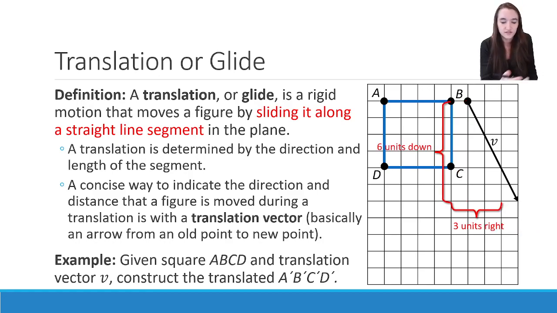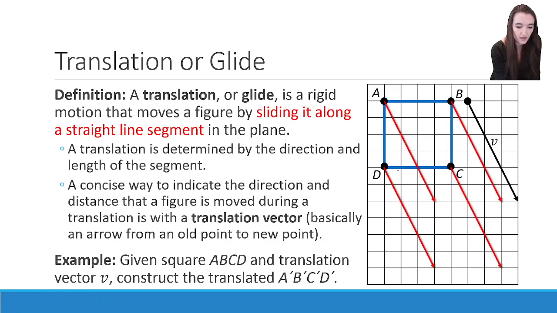So we can see this right here. This is what would happen to B. Point B, if we were to move it 6 units down, 3 units to the right, we will get a new point B prime right here. Similarly, if we do that to all of our 4 points, we can see it's like sliding it along these arrows, and we can see it's the same shape that's going to end up here.